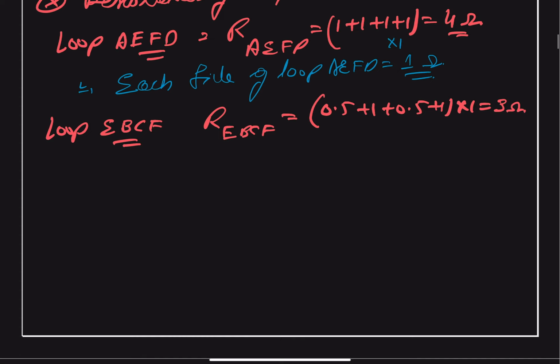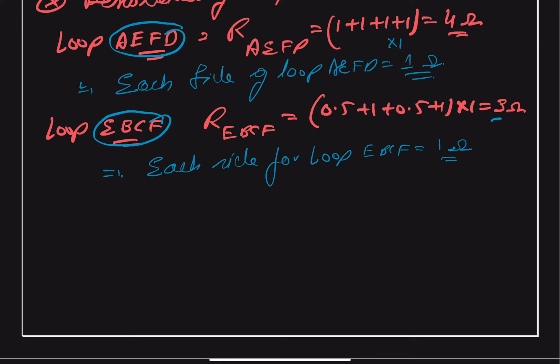So the resistance of each side will be 1 ohm. Each side for loop EBCF will be equal to 1 ohm, because one side will be common to both the loops. So therefore, this 3 will be divided only into 3 parts.